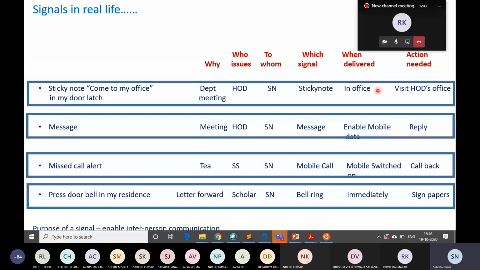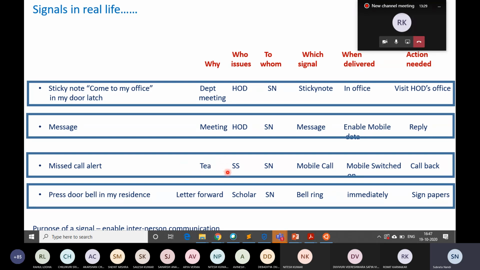Whenever I am in the office, I can receive the signal, and in the first case, I'll probably visit the HOD's office and talk to her about what kind of meeting it is and all these details. In case of a message, maybe my phone was in silent mode and the data was also not available. So when I enable the data, it gets delivered on WhatsApp, and then I immediately reply. Over WhatsApp itself, I inquire about the reason and the venue of the meeting.